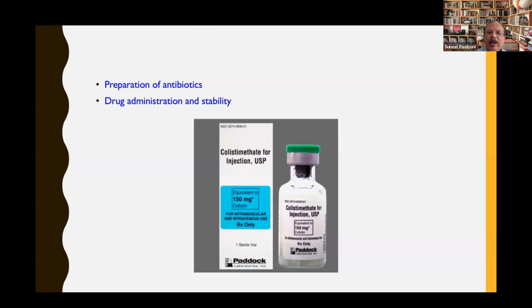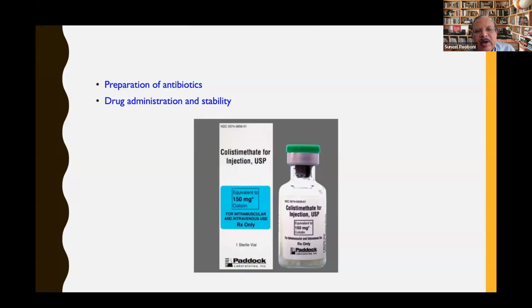In neonates, for example, if you consider how we prepare our antibiotics, this colistin vial contains 150 milligrams. It might last for a week of supply or more for a neonate. So we tend to continue using it in the name of the same patient for 1 week or 10 days.